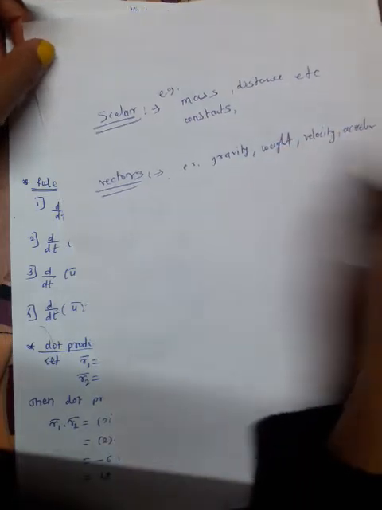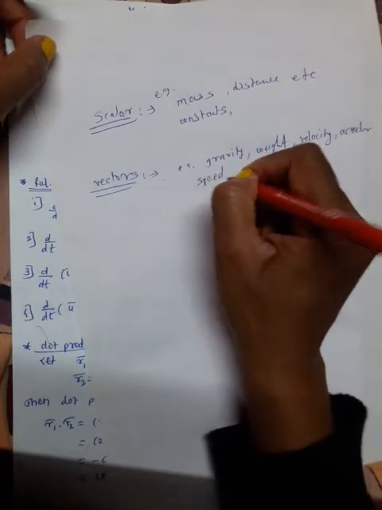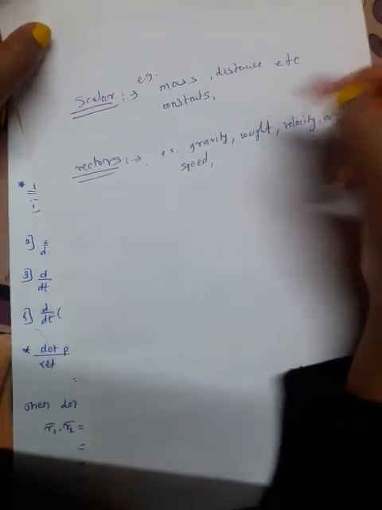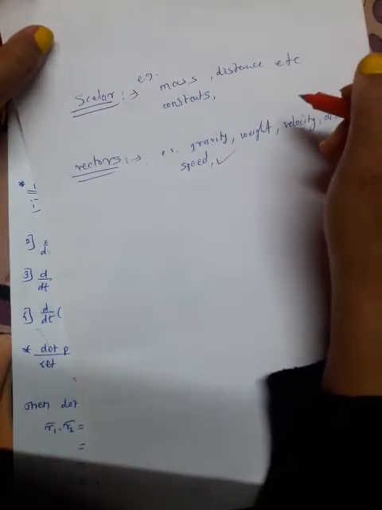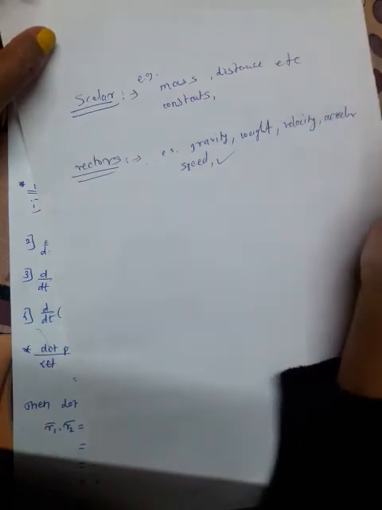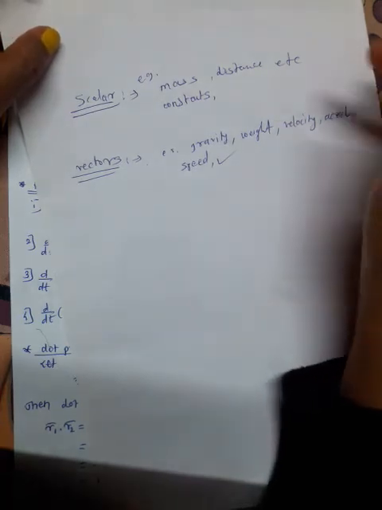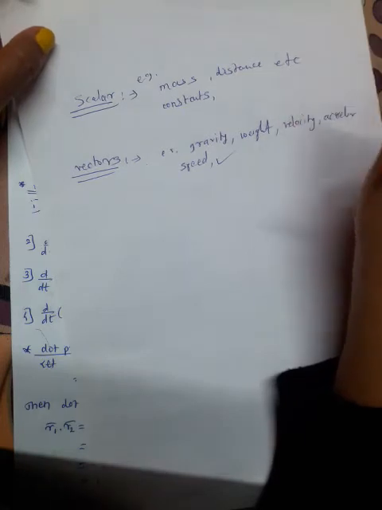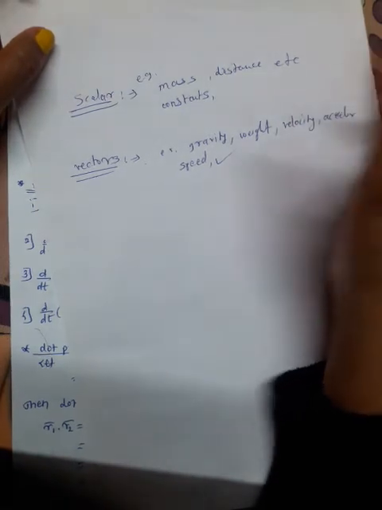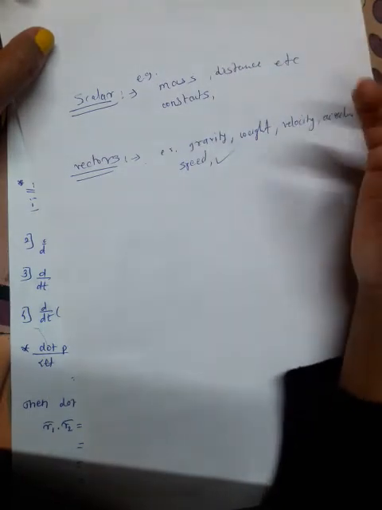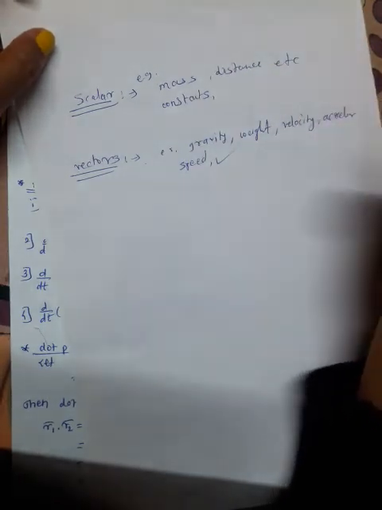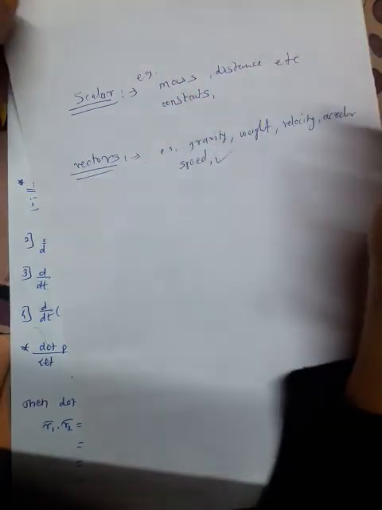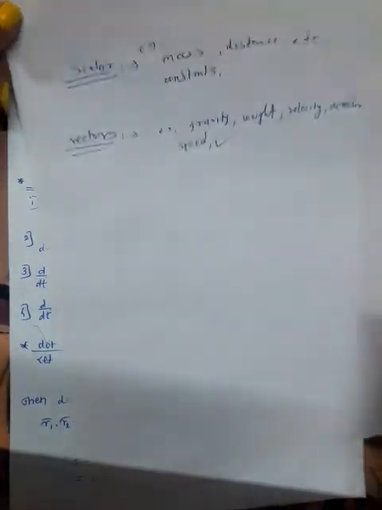These things need both magnitude and direction. Suppose a particular vehicle is moving in a particular direction with a particular speed in kilometers per hour. That means these things need both magnitude as well as direction to study them. That's why those are called vectors, and for scalars we need only magnitude.